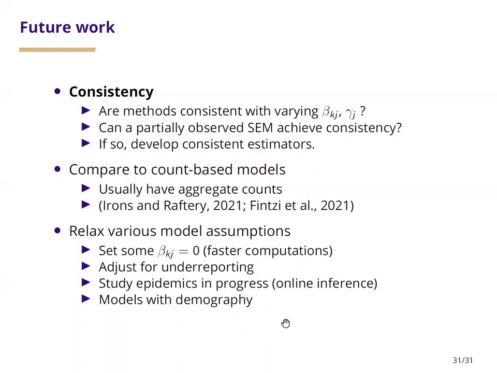And a similar story follows for demography, where people might immigrate or emigrate out of the population, or we might have births and deaths. Again, this is challenging because we then maybe don't know capital N, the susceptible population size, and we don't know little n, the epidemic size.